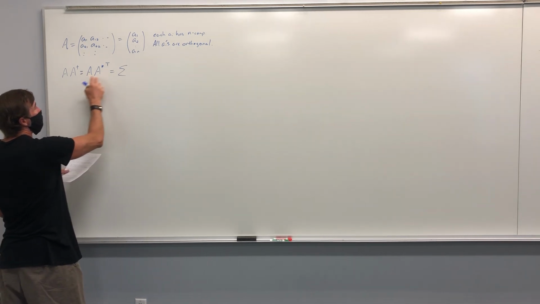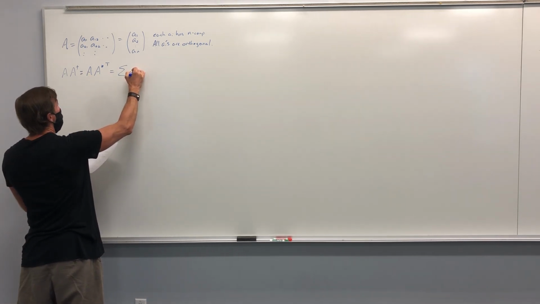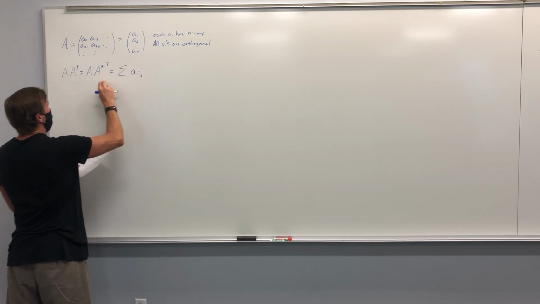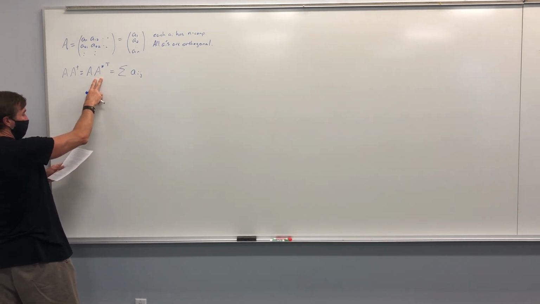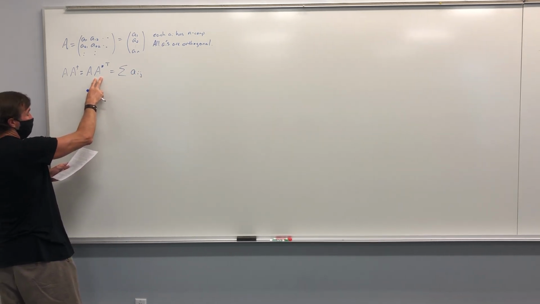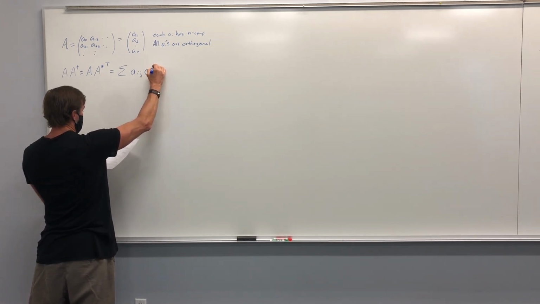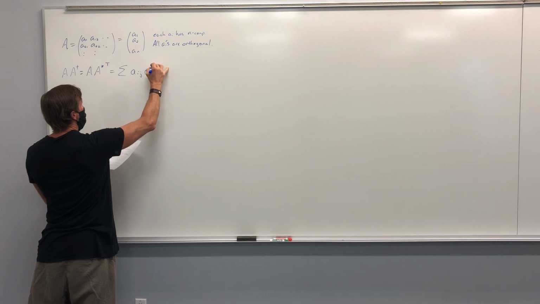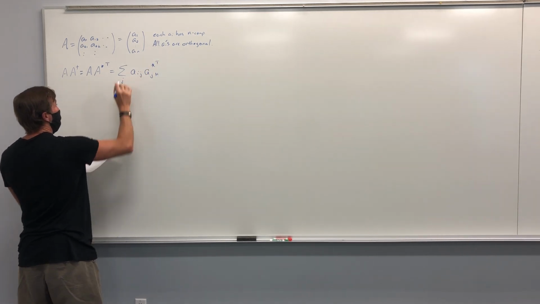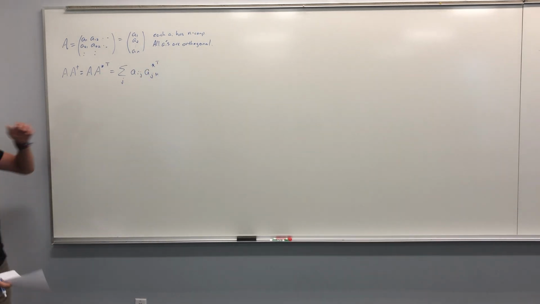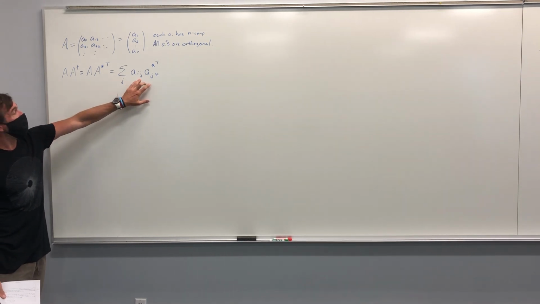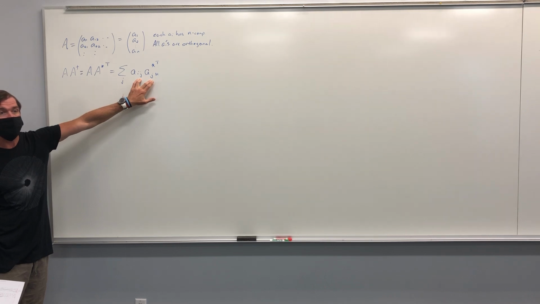If I have the elements of A, which I can call A_ij, and I have the elements of A star transpose, which I can call A_jk star transpose, then matrix multiplication is basically summing over the second index from the first set of elements and the first index from the second set of elements.